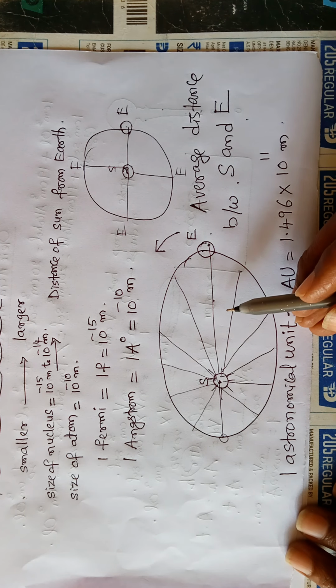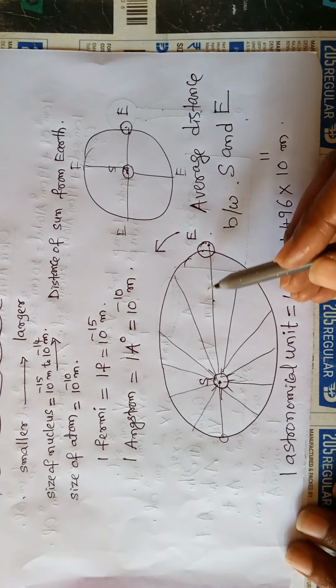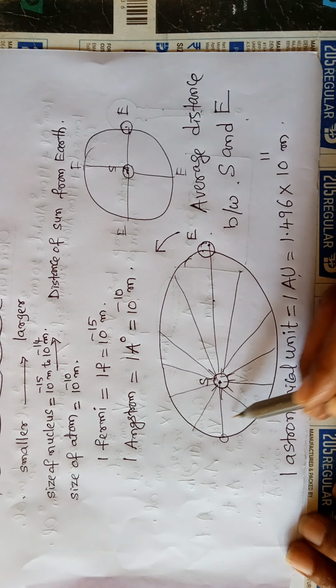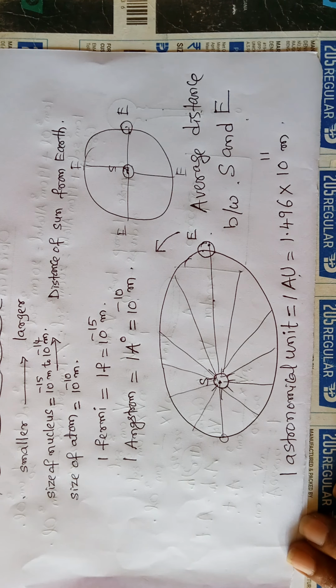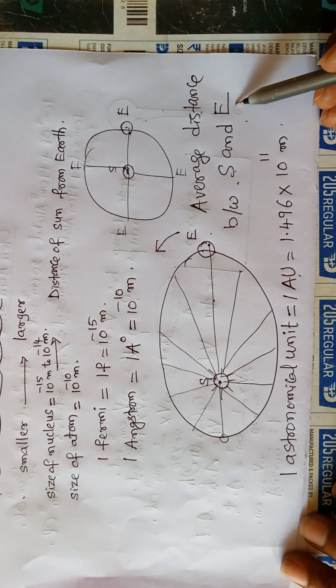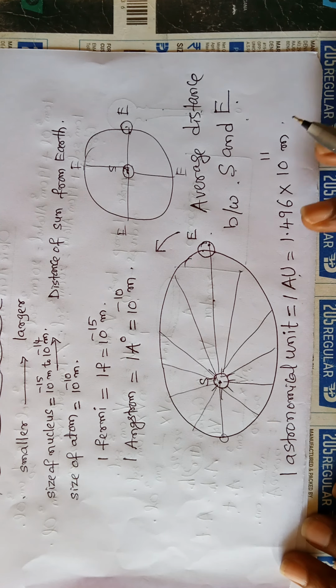So here the orbit radius is decreasing and increasing. That's why we have taken the average value. So the average distance between sun and earth also can be called the average radius of the orbit.